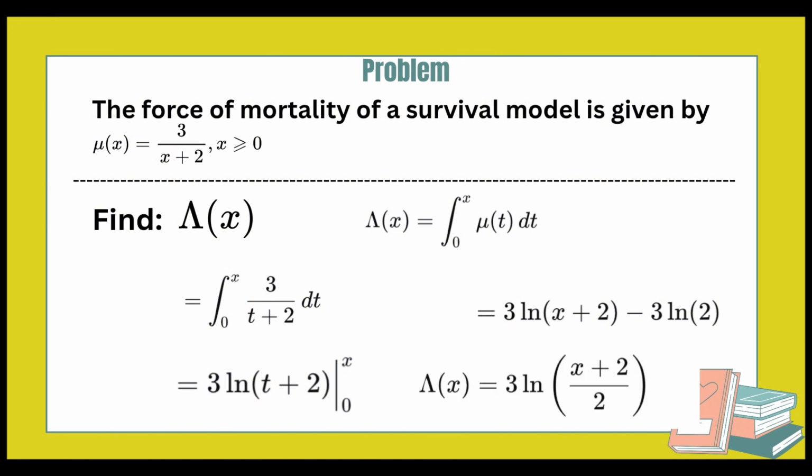The result is lambda of x equals 3 ln of (x plus 2) over 2. You can see there the step-by-step solution and how we come up with this result. The cumulative risk increases logarithmically with age, adjusted by the constants in the denominator and the coefficient. So there, we get the cumulative hazard function.